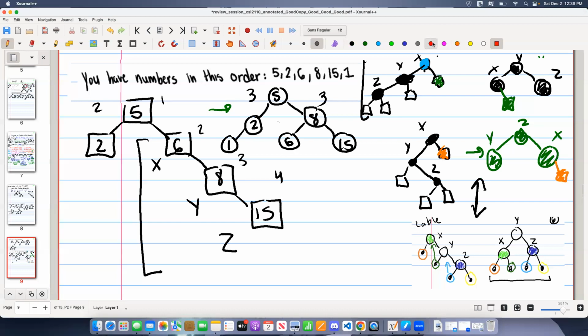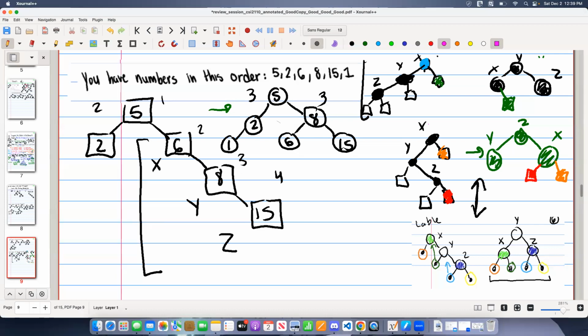Okay. This leaf right here is between X and Y, because it's greater than X, but it's less than Y. It's greater than Z, sorry, greater than Z, but it's less than X. So you know that it's going to be right here. Okay.